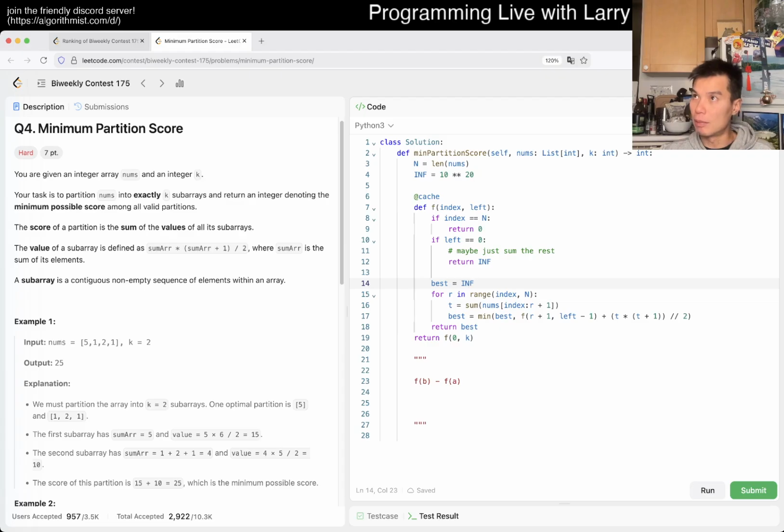So in a prefix sum kind of way, you have this. Or maybe it's not prefix sum.